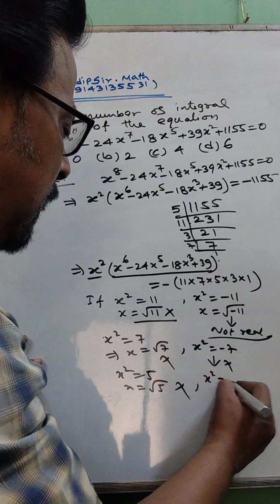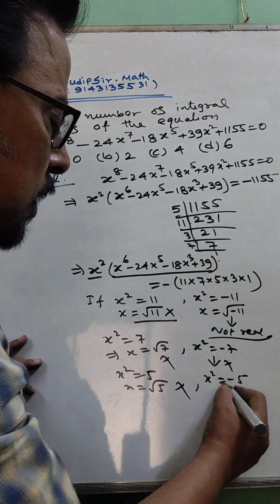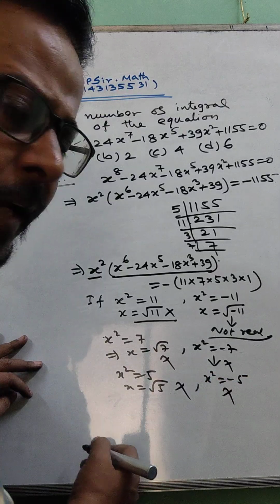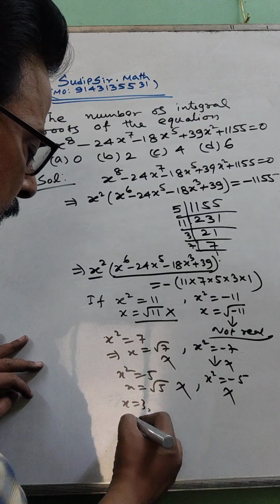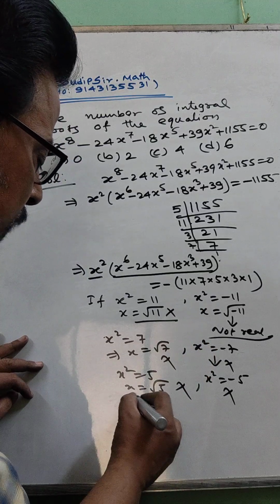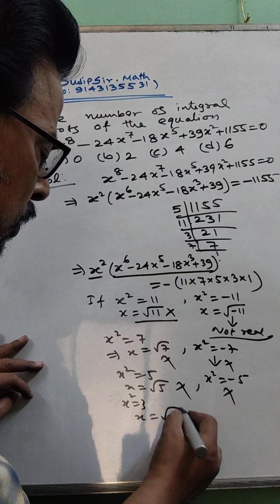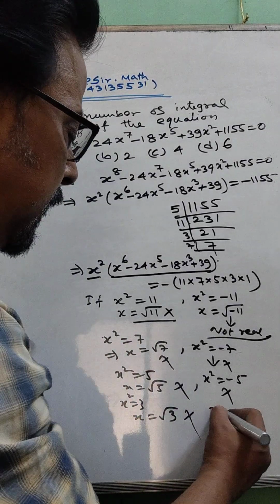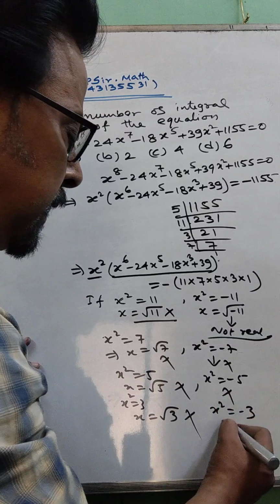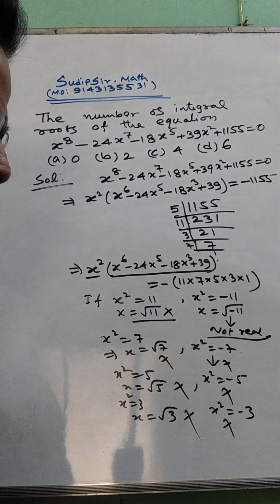And x square equal to minus 5 is imaginary, not an integral solution. x square equal to 3 gives x equal to root 3, also not an integral solution. x square equal to minus 3 is not an integral solution either.